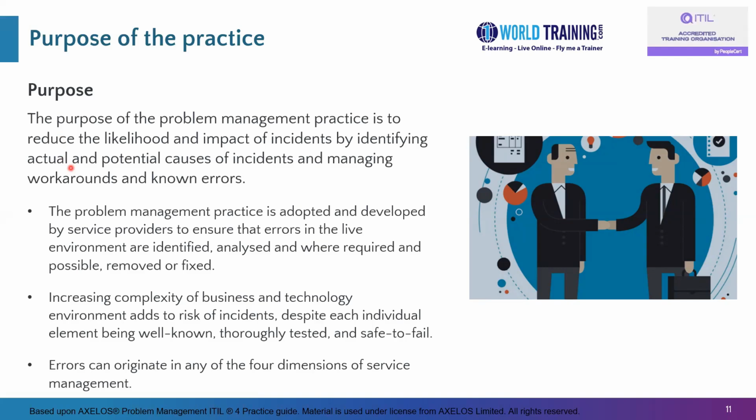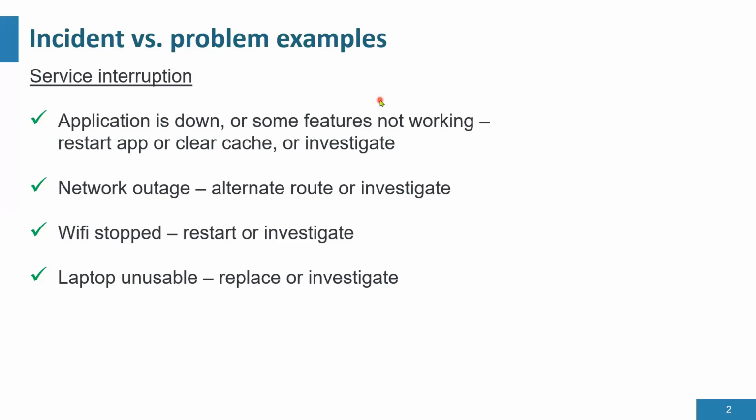And for those incidents that have occurred or are likely to occur, it can be quick fixes, mainly the workaround, and known errors, meaning the analysis of the cause of the incident that is going on or likely to occur. So there are some good examples, and we also have additional learning material with some examples, and it is available to you in your e-learning access. So this slide is shown from that additional supporting material.